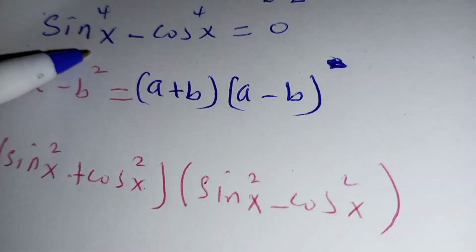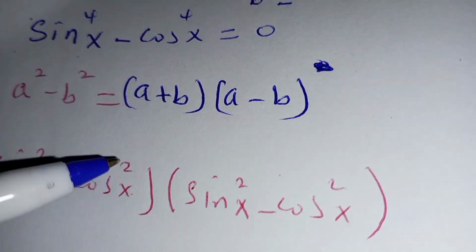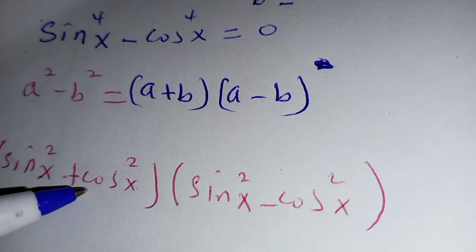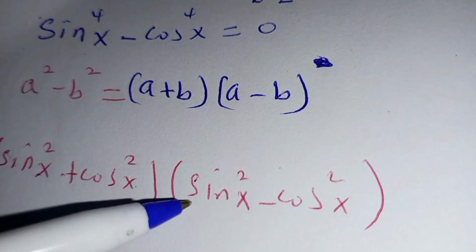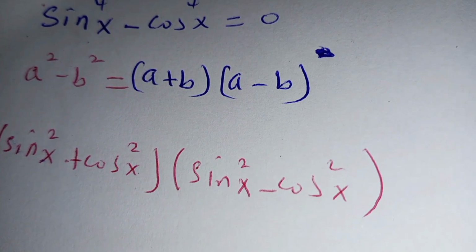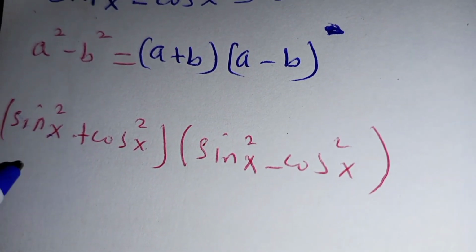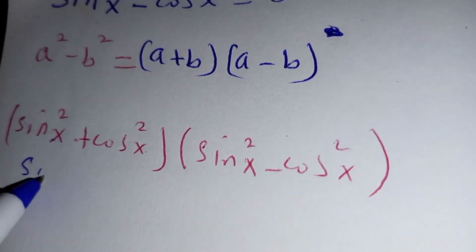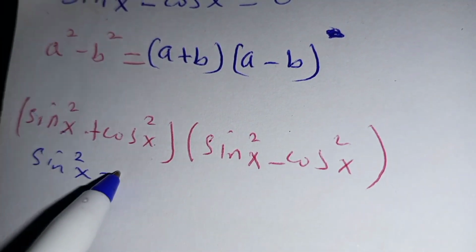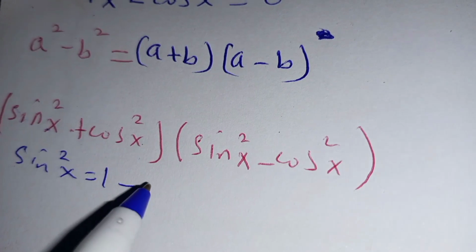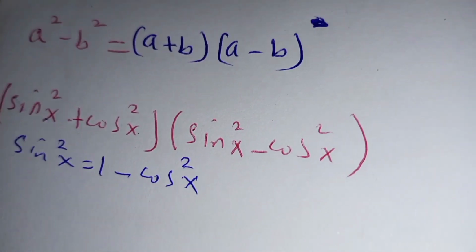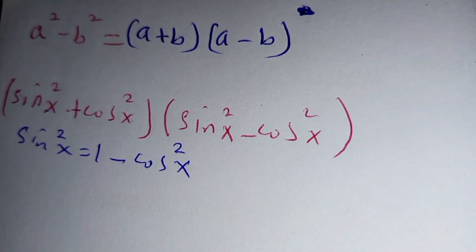After using this identity, it becomes bracket sine squared x plus cos squared x multiplied by bracket sine squared x minus cos squared x. Then we make use of this identity, whereby we are aware that sine squared x is the same as 1 minus cos squared x.